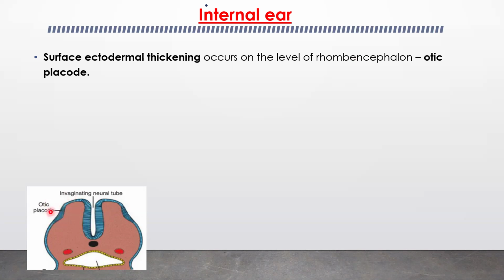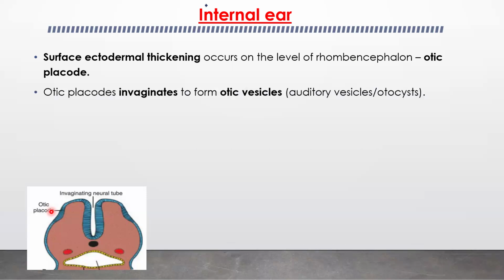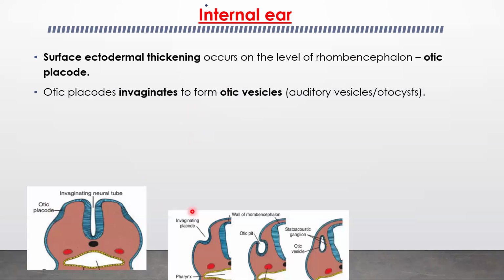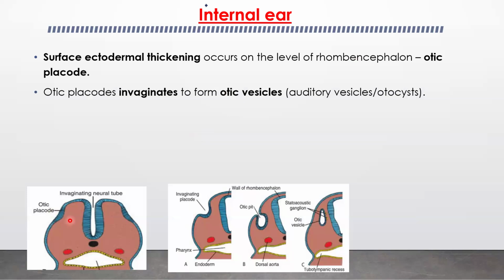And then the ear is also known as the otic. So the otic placode will invaginate to give us the otic vesicles, as we'll see now in this slide. So we have the otic placode, it invaginates to give us the otic vesicle.